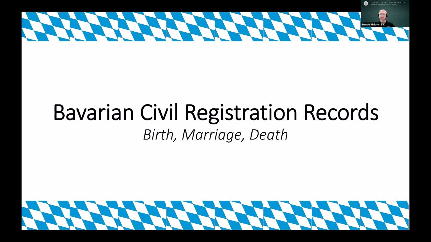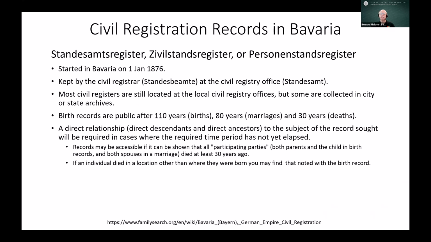Then we have the civil registration records. They started in Bavaria on the 1st of January, 1876. The civil registrar keeps them at the civil registry office. We saw my village of Huselsheim has one.